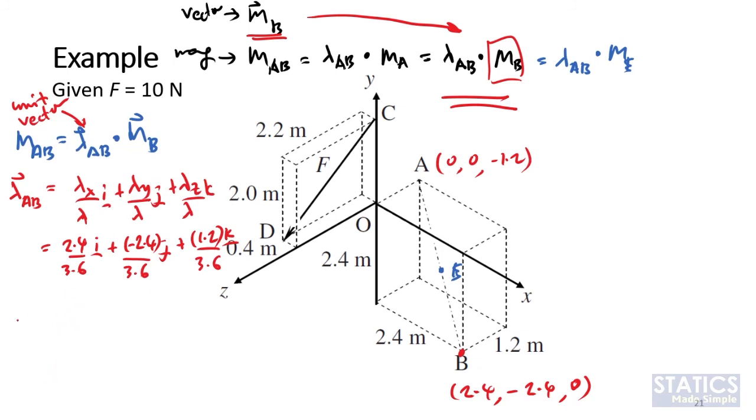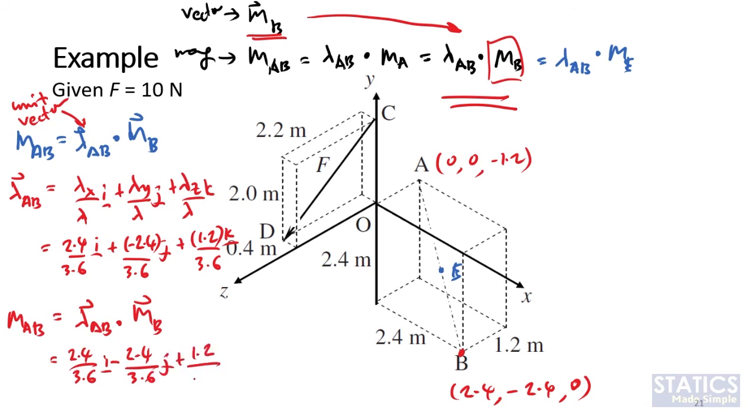Once we have our lambda vector, MAB is just equal to lambda AB dot product with MB. So again, this lambda AB has components along IJK, so we have 2.4 over 3.6 I minus 2.4 over 3.6 J plus 1.2 over 3.6 K, dot product with MB.